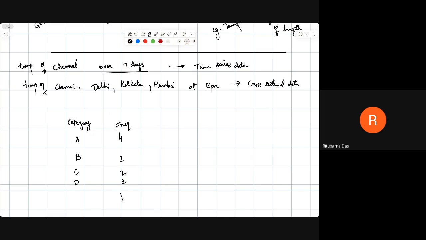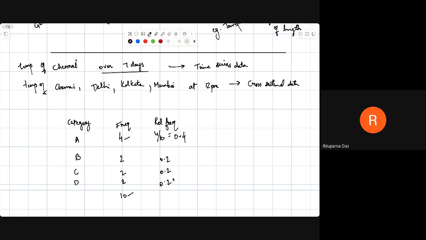So total is 10. Then the relative frequency will be 4 by 10, the frequency divided by the total. That's how we calculate the relative frequency. Then this will be 0.4.